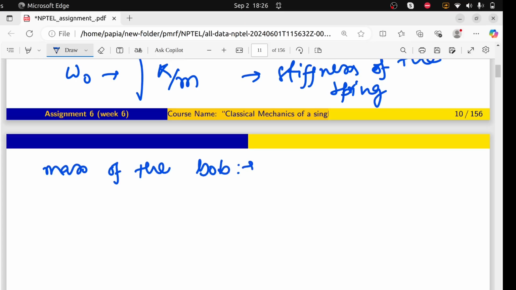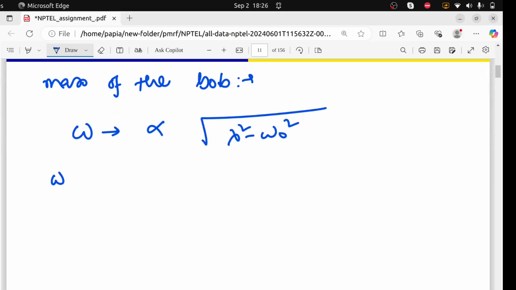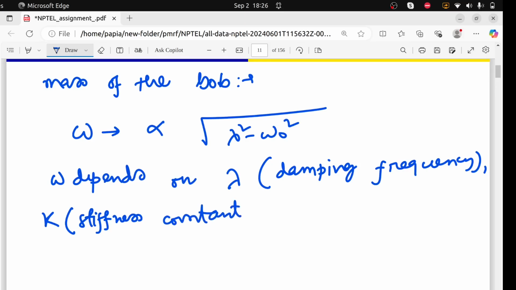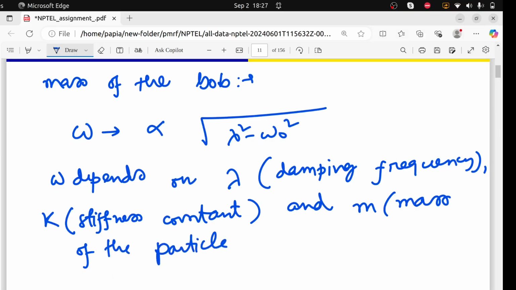So our omega, as it is proportional to root over lambda square minus omega 0 square, depends on lambda, which is the damping coefficient. Omega 0 means k, which is the stiffness constant, and mass. So these things, right? Lambda, k and m.